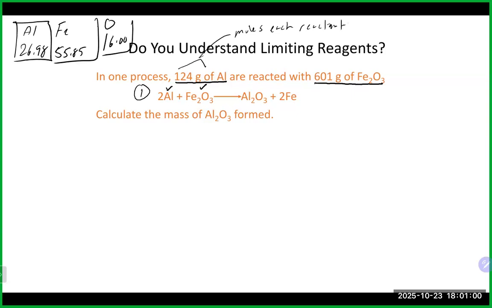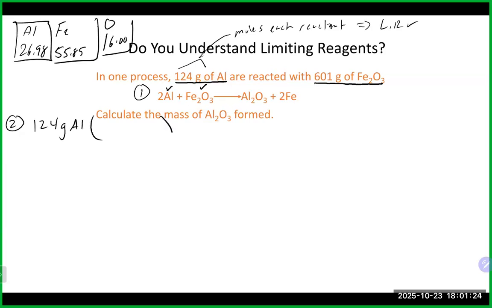And because of that, I could definitely get those moles, and that means that it is a limiting reagent problem. So just by knowing that, that's going to tell you it's a limiting reagent problem. And again, you got to do that sort of extra step. So first off here, I'm just going to convert everybody into moles. So we'll take our 124 grams of aluminum.